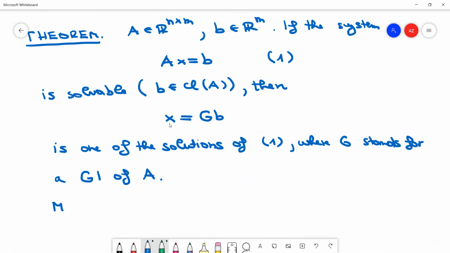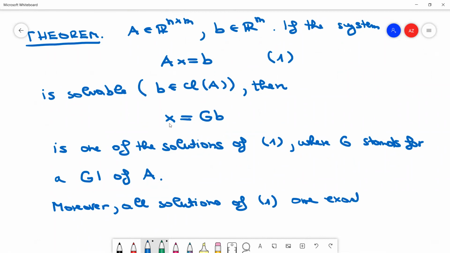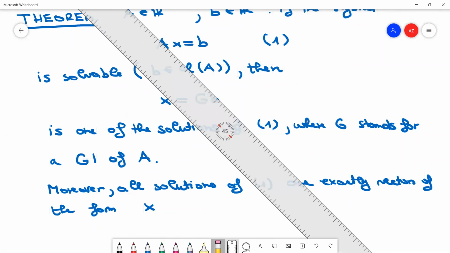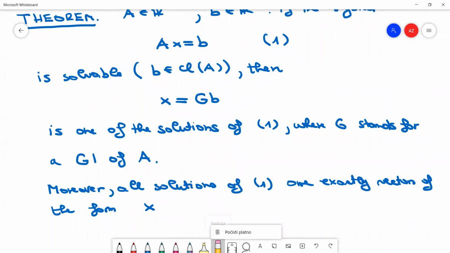So moreover, all solutions of 1 are exactly vectors of the form x_z = Gb. So this is one particular solution.